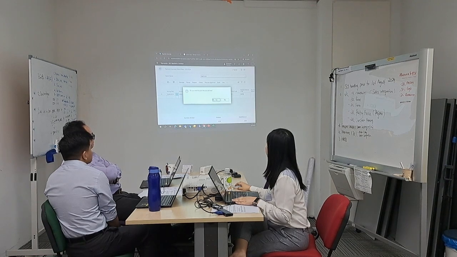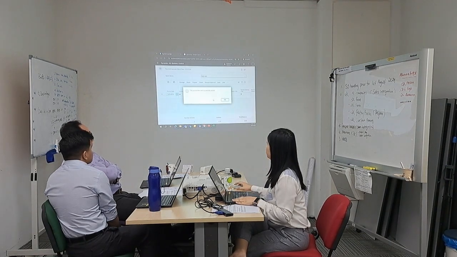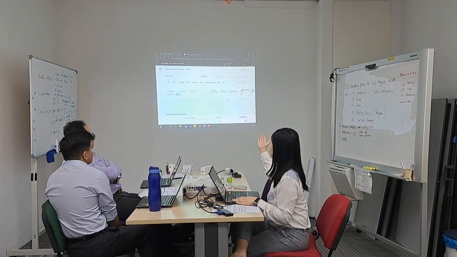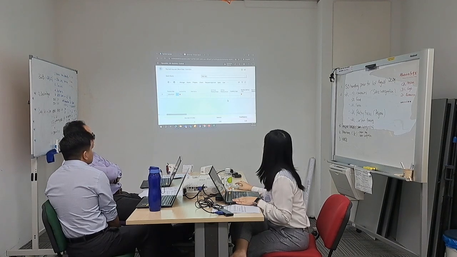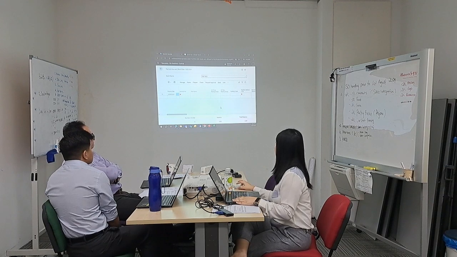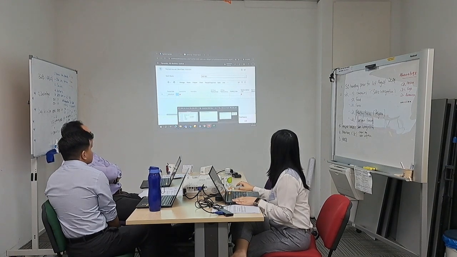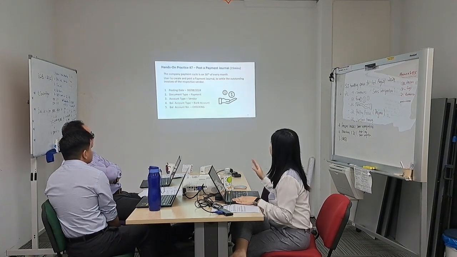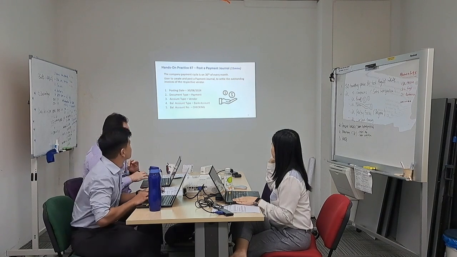When you click yes, then post. And the thing is gone already, then you can prepare for the next payment. So far, any question? Okay. Yeah, understand. Okay. So if understood, then you can try to do one payment.